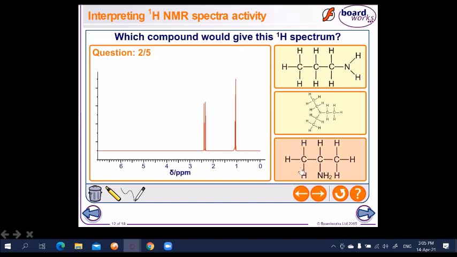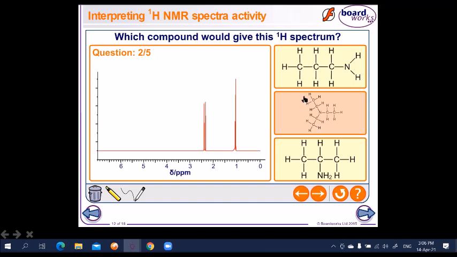This would be 1 group here and this would be 1 group here, and they're very similarly attached and symmetrical, so they would be the same chemical environment. This hydrogen here would be another chemical environment, a 2nd peak. Then the NH2s over here are both connected to the same nitrogen, so they would be their own peak. So that would be 1, 2, and 3 peaks right there. Now, with this one, look very carefully, even though it looks a little large and ugly.